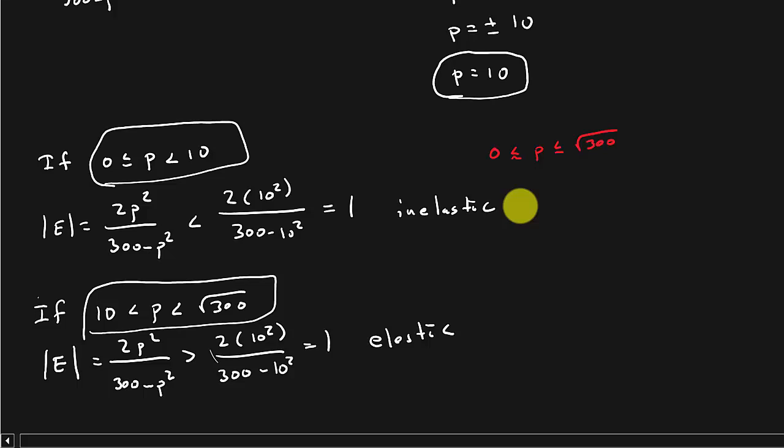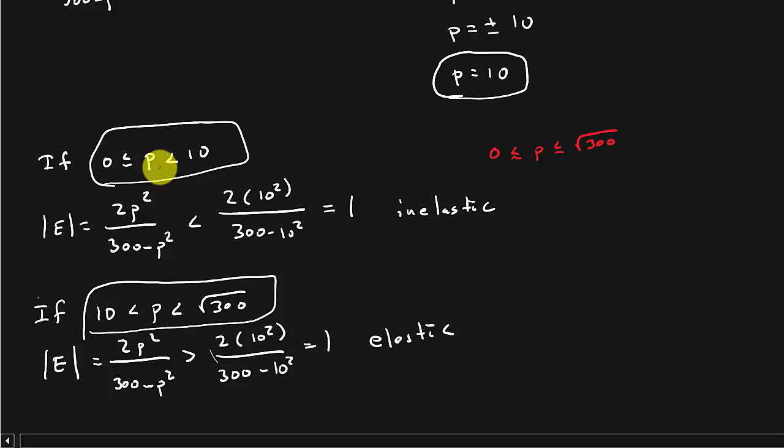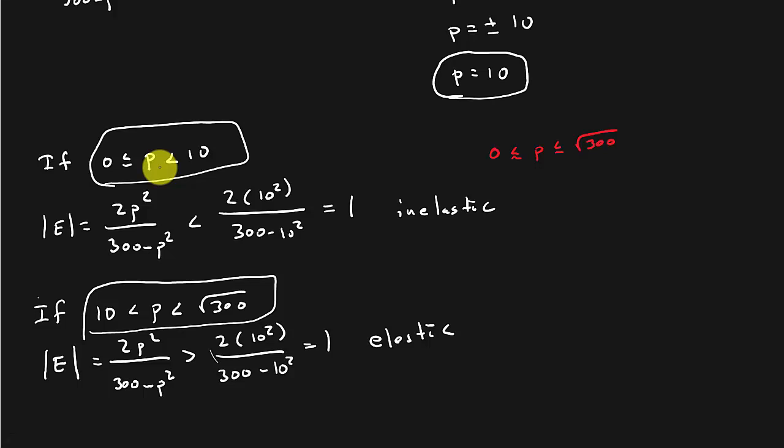For this one, between 0 and 10, because it's inelastic, for this range of prices, a percentage increase in price results in a smaller percentage decrease in demand. So the bookstore will take in more money for each increase in price up to $10 per copy.